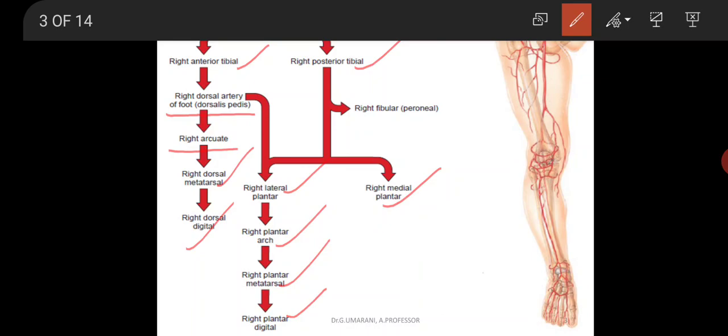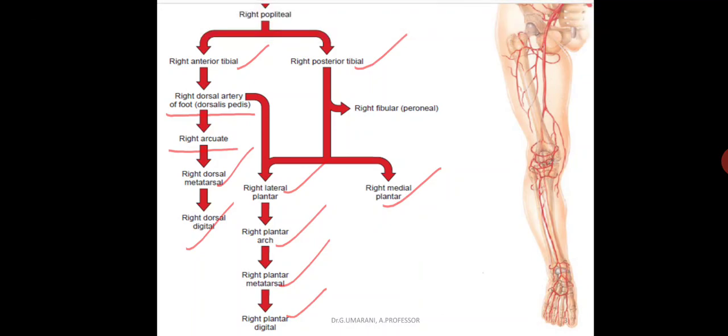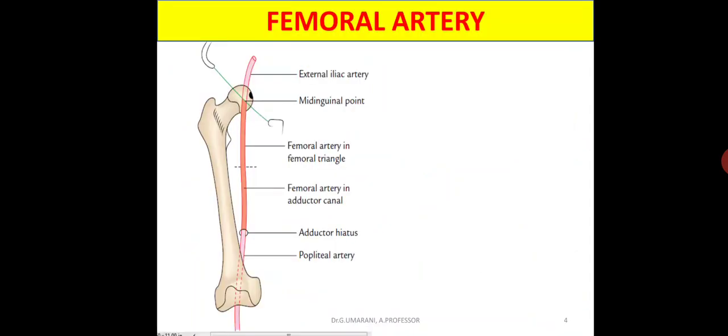This is the schema of distribution of arterial supply of the lower limb: the anterior tibial up to the dorsal digital branches, and the posterior tibial up to the plantar digital branches. Now we'll discuss each artery in brief.